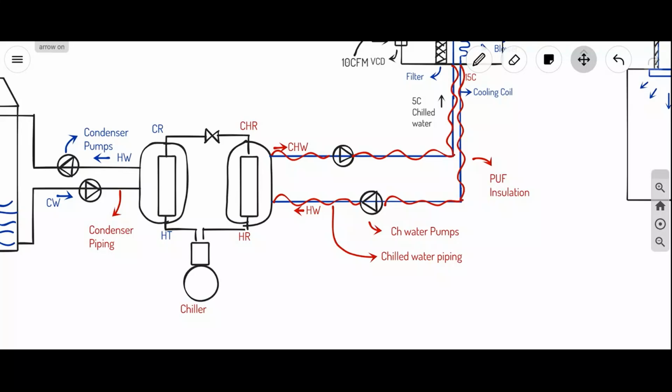Sir, instead of puff insulation, we can choose nitrile rubber and thermocol section also, no, sir? See, here choosing of insulation completely depends on the local availability. Okay, sir.